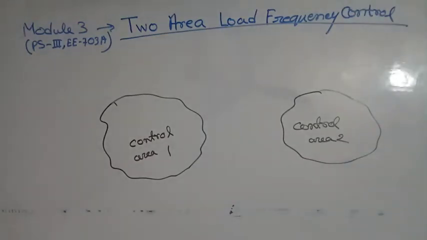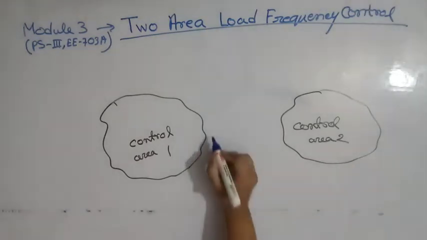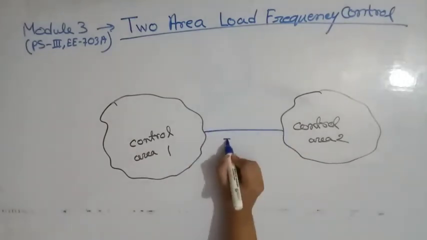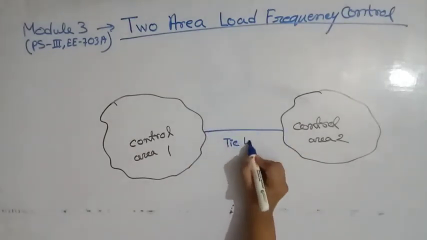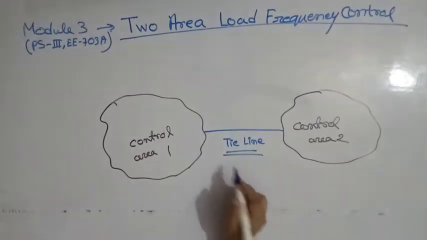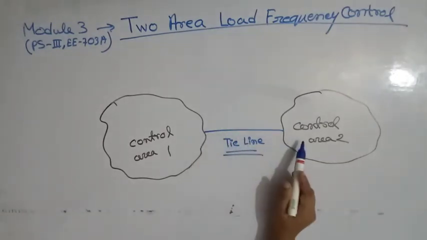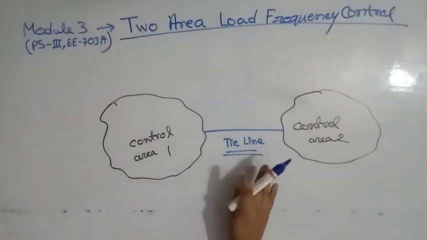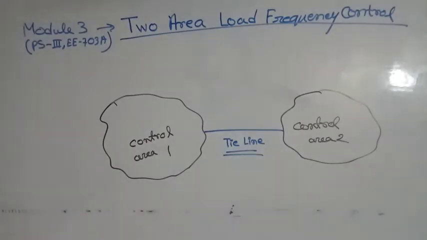These two areas are connected by a tie line. Now, what is a tie line? This is a transmission line. It not only flows electric power, but also has inbuilt control capacity.